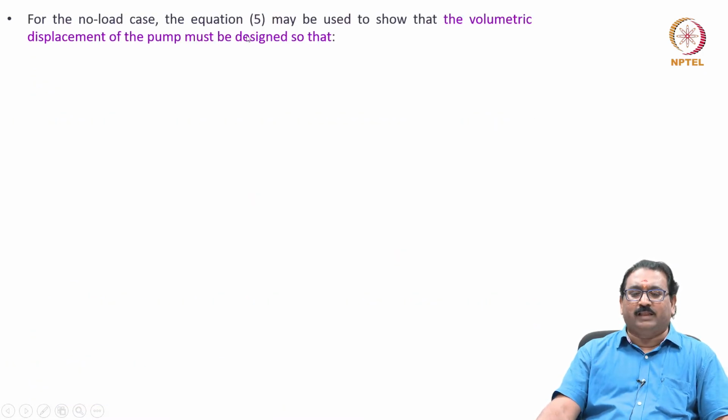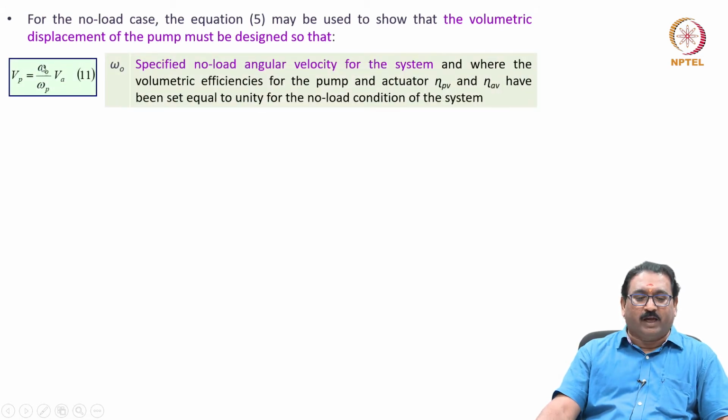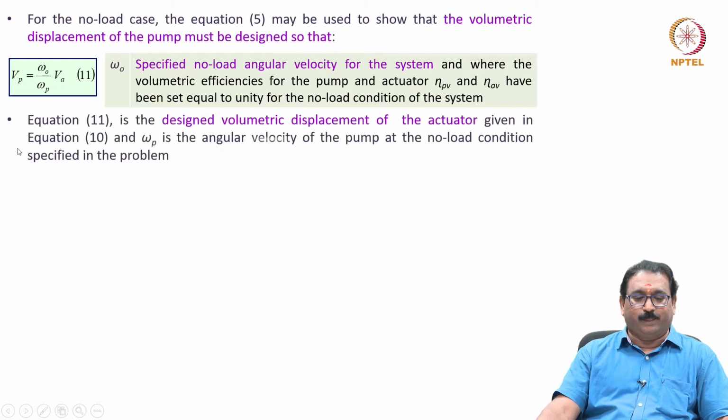For the no-load case, equation 5 may be used to show that the volumetric displacement of the pump must be designed so that Vp equals omega naught by omega p into Va. Omega naught is the specified no-load angular velocity of the system, and here the volumetric efficiencies for the pump and actuator, nu PV and nu AV, have been set equal to unity for the no-load condition of the system.